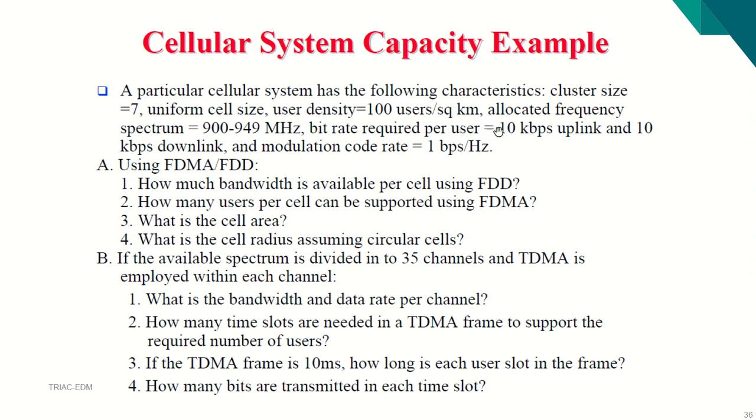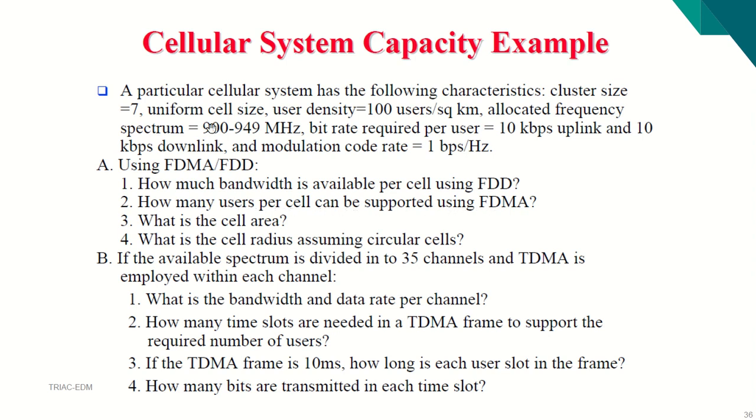Bitrate requirement is 10 kbps uplink and 10 kbps downlink, and modulation code rate 1 bps per hertz, and use FDMA and FDD, frequency division duplex, remember that. Then how much bandwidth is available per cell using FDD, and how many users per cell can be supported using FDMA.